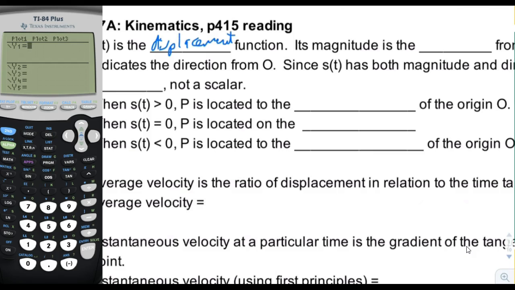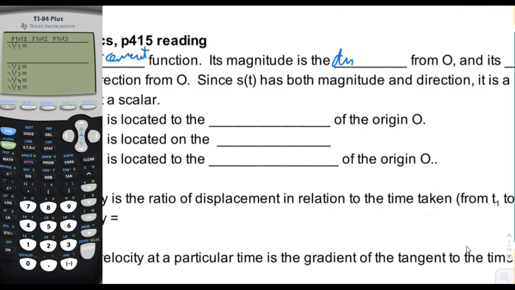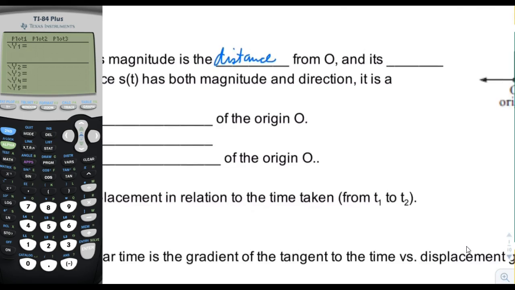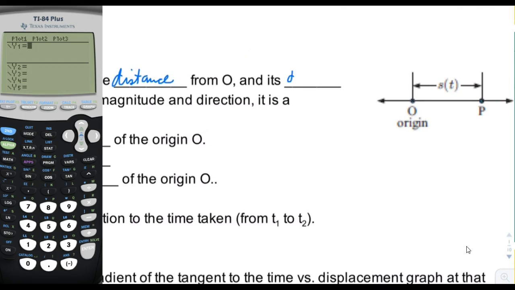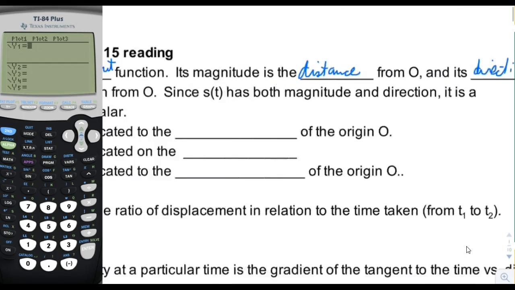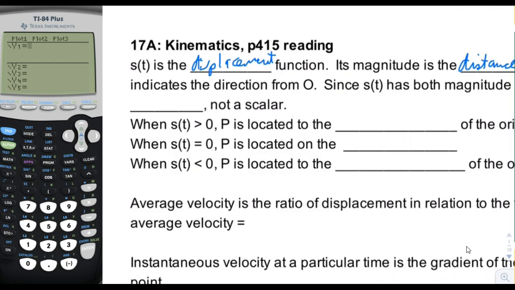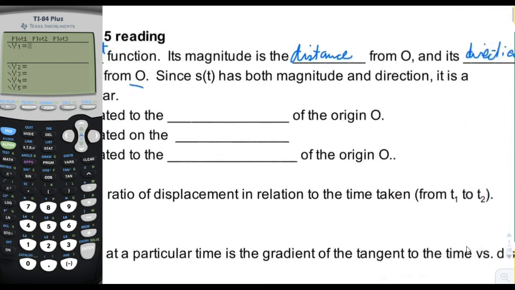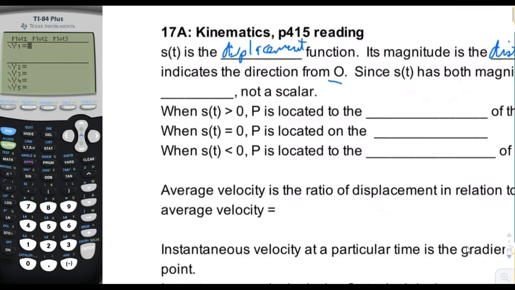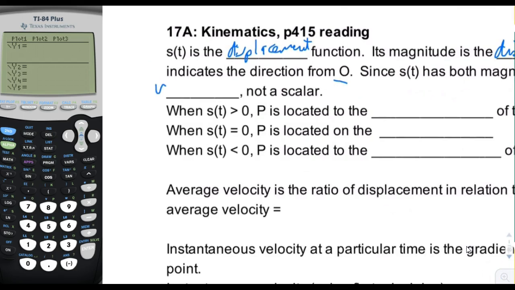Its magnitude is the distance from the origin, and its direction indicates the direction from the origin, O. Since S of t has both magnitude and direction, it is a vector, not a scalar. Remember, a vector has a magnitude, a size, and a direction, or a sign usually.